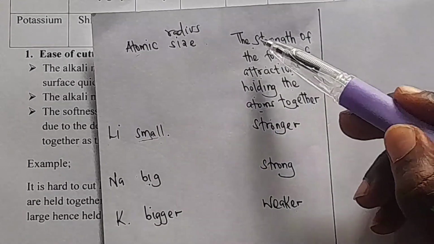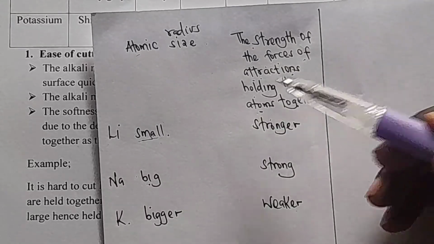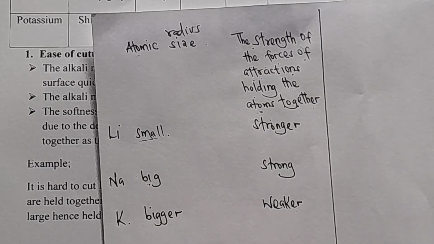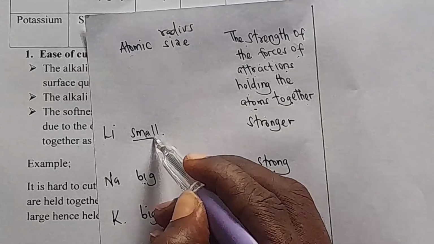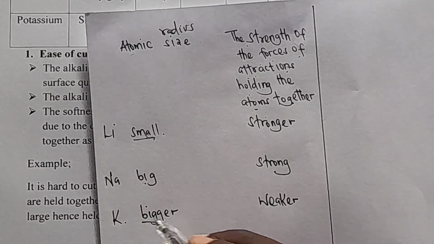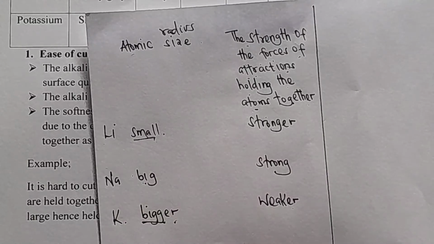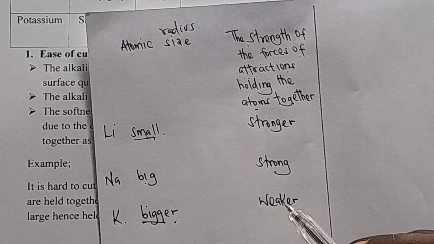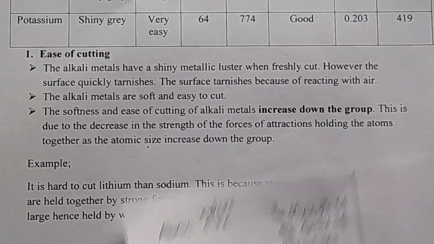If something has a stronger strength, it requires a lot of energy to be cut compared to sodium. When you're comparing two things, you are supposed to use small and larger, or big maybe. So if sodium is bigger, it is going to have a weaker force. If you have a weaker force, then it will be easy to cut with a knife.